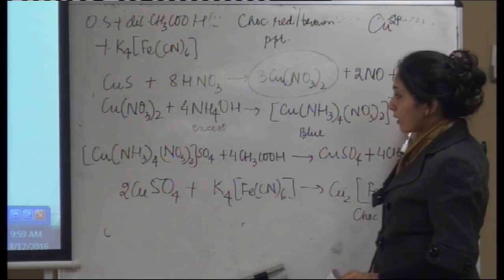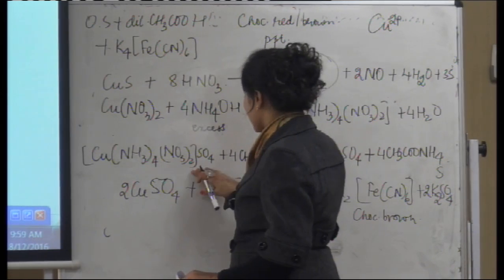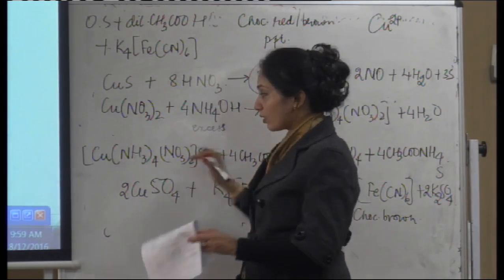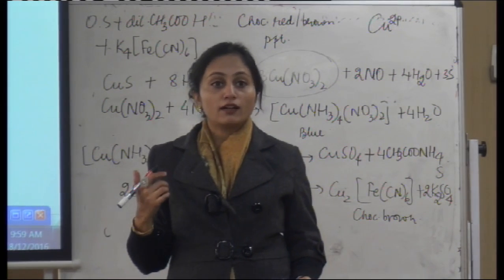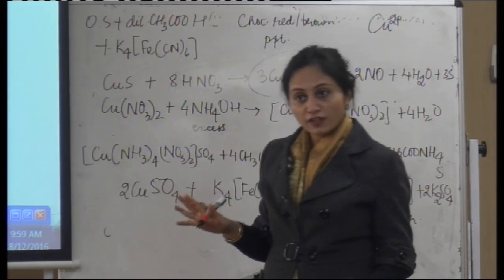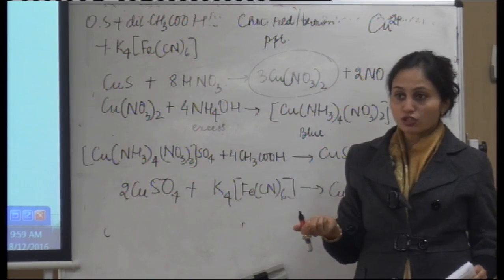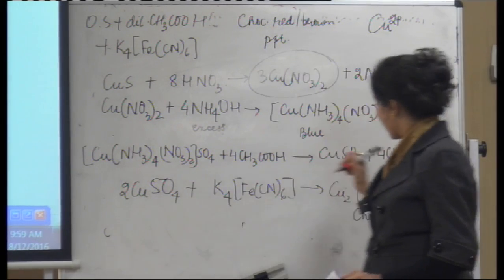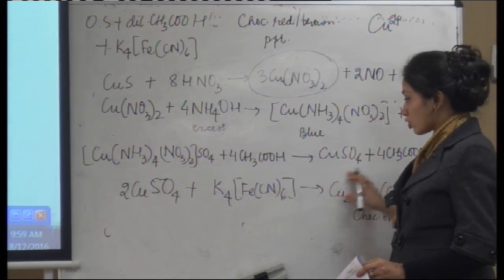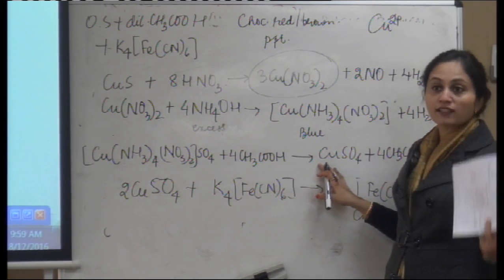Now once this is formed, you can have even the salt of this reacting with, now what is our purpose? Our purpose is to do the test with potassium ferrocyanide. There are two ways: either you take your original solution and add a little acetic acid, and when you add acetic acid you will get whatever salt is coming out. So Cu2+ is now getting extracted.